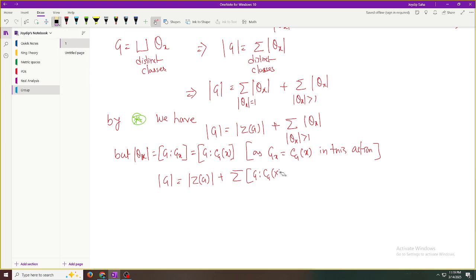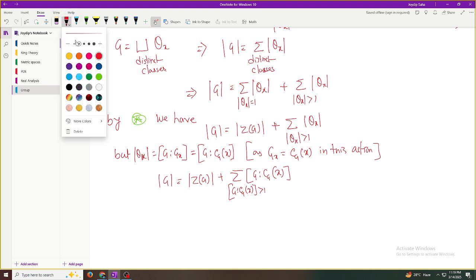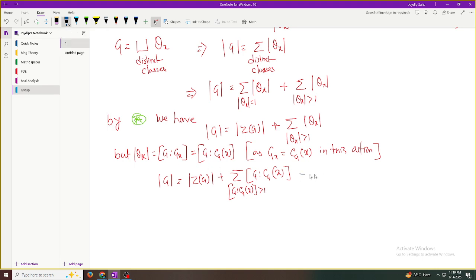Sorry, this is small x. This is called the class equation. All of you know. Then this is called G. Okay.